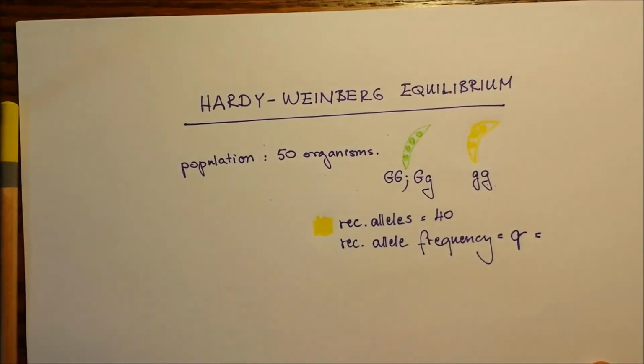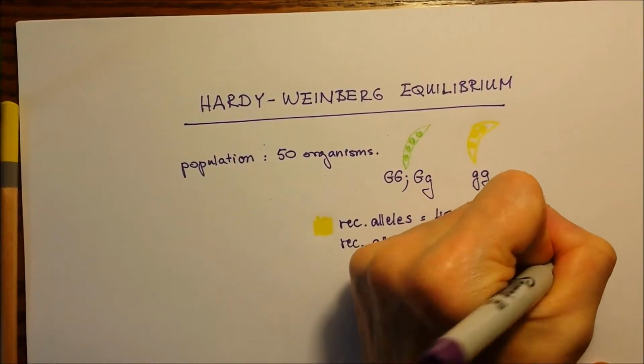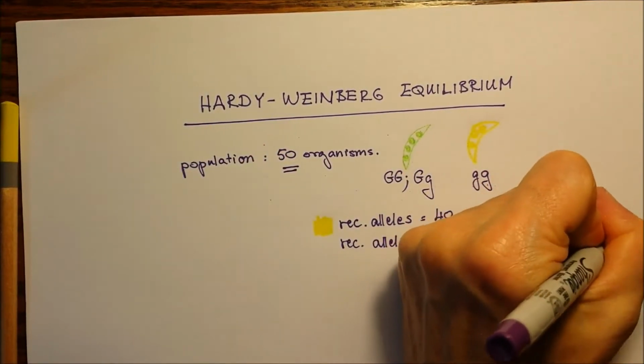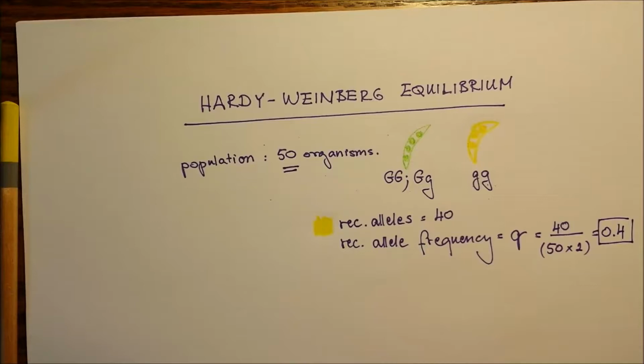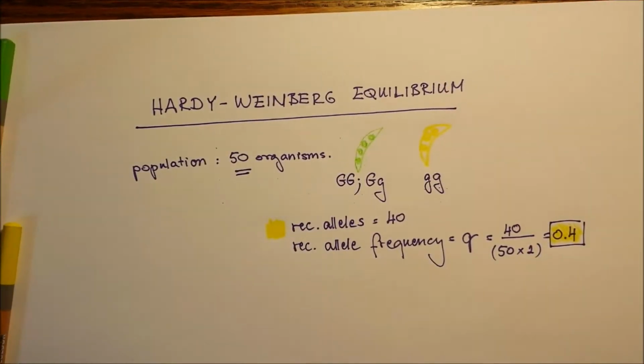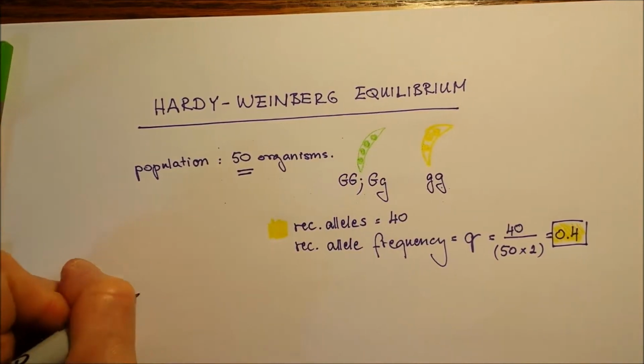The recessive allele frequency, we are going to use the letter Q for that. It's 40 over 50 times 2 because we are dealing with alleles. The answer is 0.4 for the recessive allele frequency.